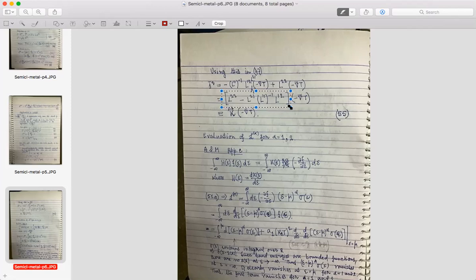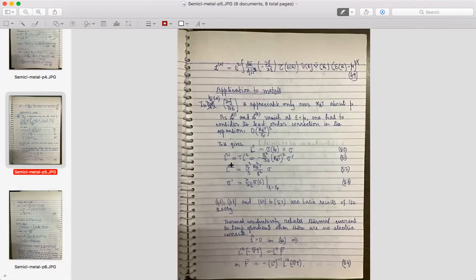Now let us see what these are once again: L11, L12, L22, etc. L11 is exactly equal to sigma at the Fermi energy. L12, L21 are proportional to sigma primed, and L22 is proportional to sigma.